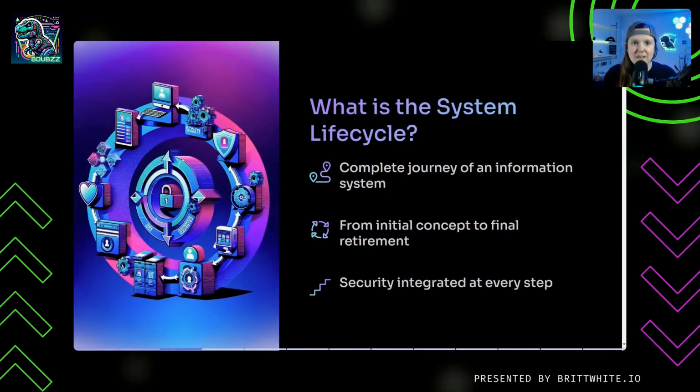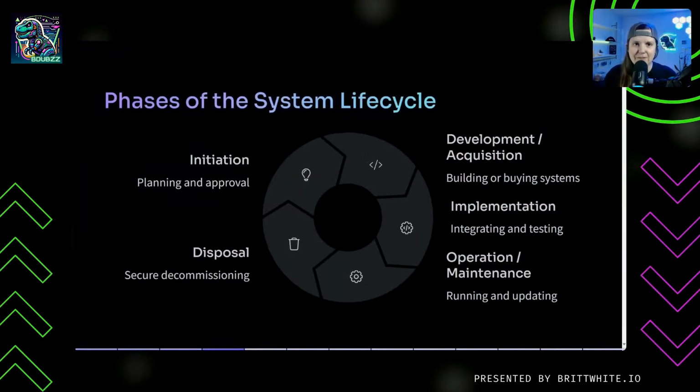So what are these phases? There are 5 key phases in the information system lifecycle: initiation, development or acquisition, implementation, operation and maintenance, and disposal. Some models might shuffle the names or add extra phases, but these are the core 5 you need to know. Here's the rundown. First, initiation is the starting line. This includes the planning and getting the green light to move forward.